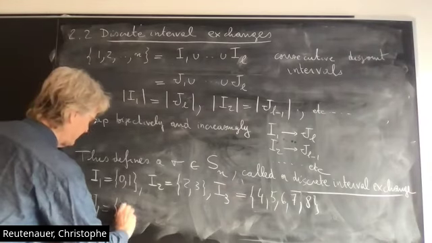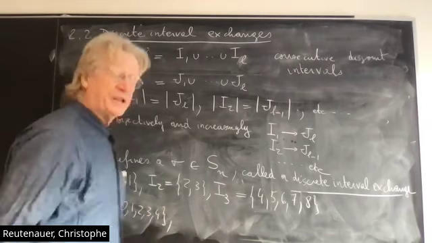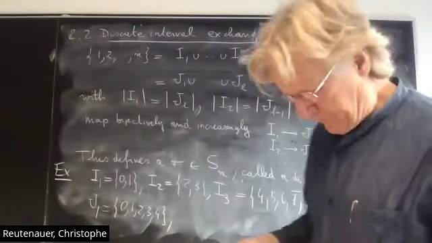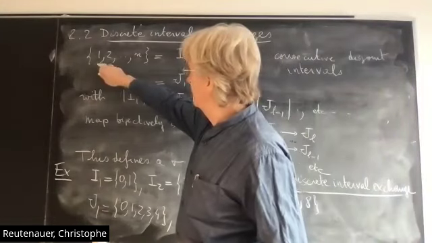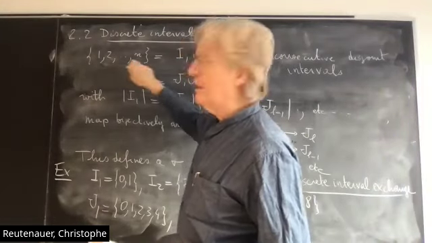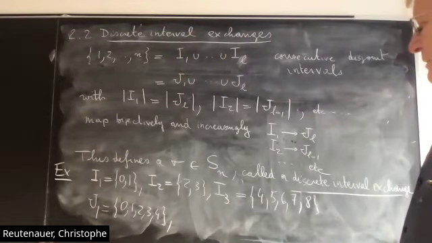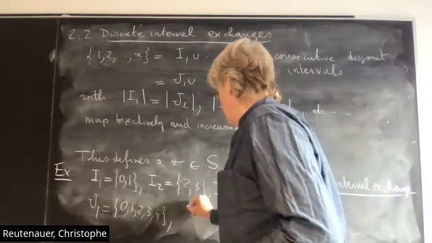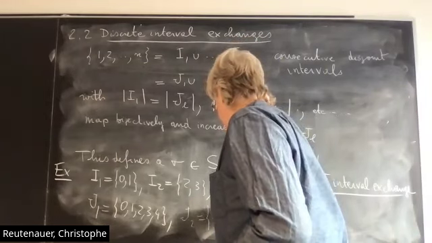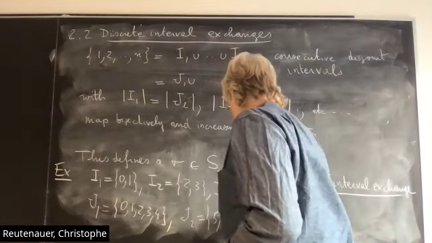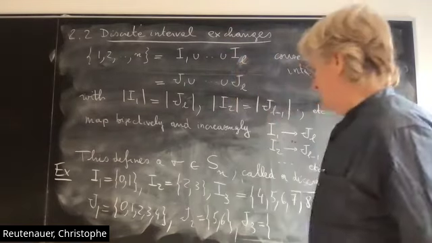So J1 is 0, 1, 2, 3, 4. Apparently I've changed here, I should have taken 0 to n minus 1. I have a little shift on the indices. J2 is equal to 5, 6, and J3 is equal to 7, 8.